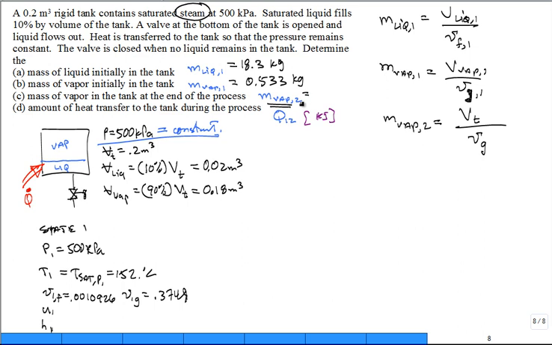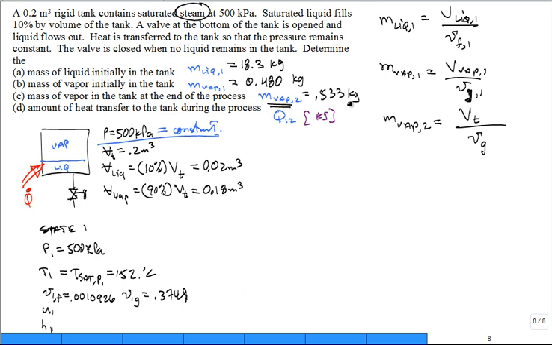I gave you the wrong number. 480, and this one is 0.533 kilogram. So actually, it's kind of interesting. There's more mass that's now in the vapor state. As the liquid left, the volume occupied by the liquid had to be occupied by some vapor.